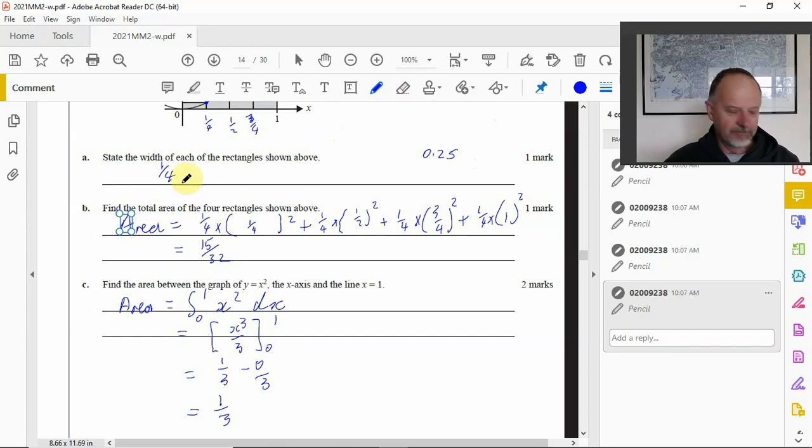For part B, also, what they accepted was 0.46875. If you figure out what 15/32 is, it comes out to exactly 0.46875, and that's where it finishes. It's not rounded off. However, if people rounded that off to 0.47, then you didn't get the mark, because 0.47 is a rounded version of this.